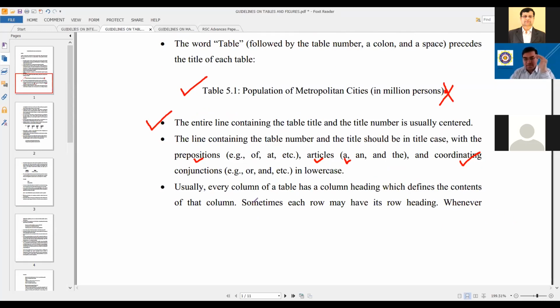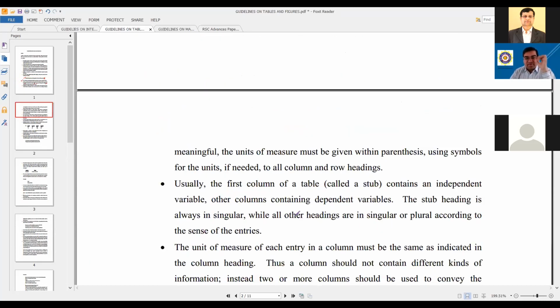Column heading. Sometimes each row may have its row heading. Whenever meaningful, the units of measure must be given within parentheses.